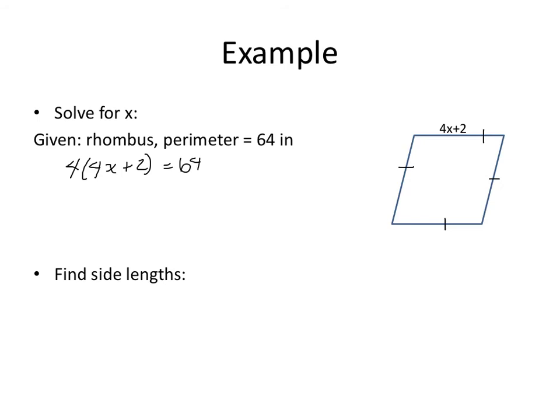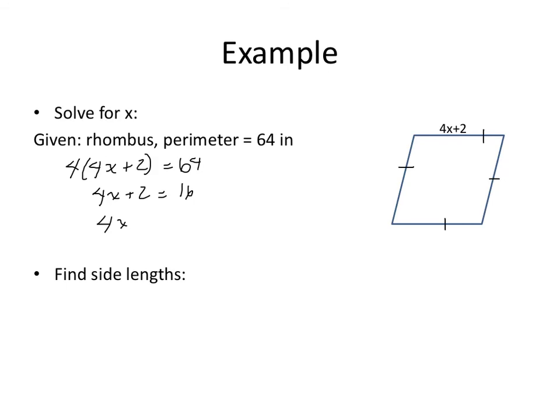Now, doing a little math, you can either distribute this or not. It's up to you. I'm going to divide 64 by 4, because it's a little bit easier if I don't distribute. So 4x plus 2 is equal to 16.